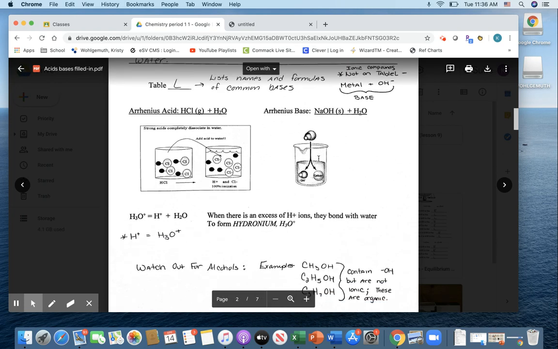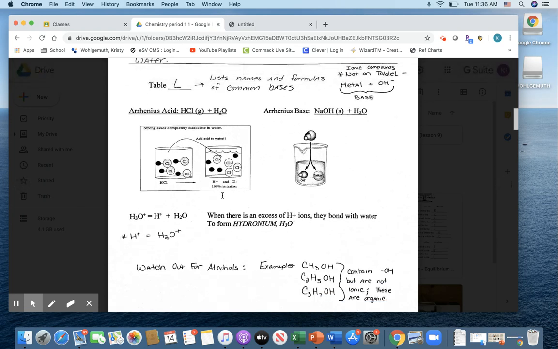The diagrams at the bottom here show you how the compounds dissociate or dissolve into 2 separate ions. And in the acid, you have the HCl molecules go into water, and you have your H's, your H pluses, and your Cl negatives. For the base, you have your cation, which is your sodium here, and then you have your hydroxide.